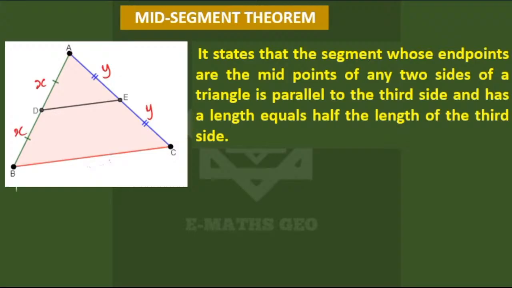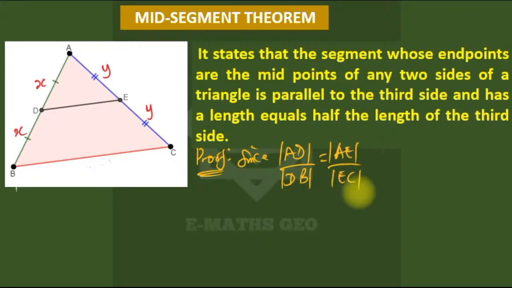Since AD over DB will be the same as AE over EC, that is x over x is the same thing as y over y, this implies that DE is parallel to BC.